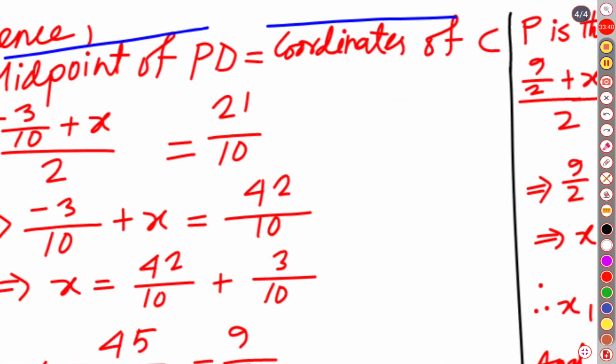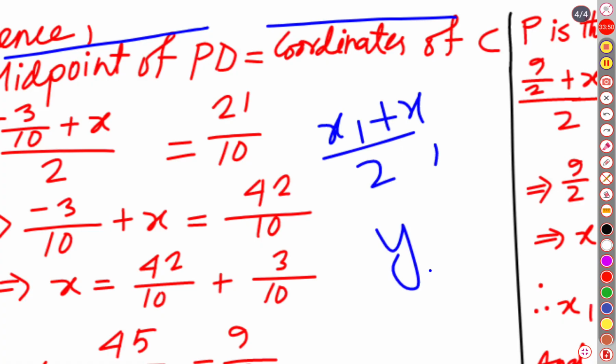Now how can we find the midpoint? The midpoint formula, once again, is x1 plus x2 over 2, and y1 plus y2 over 2. What was the midpoint of PD?